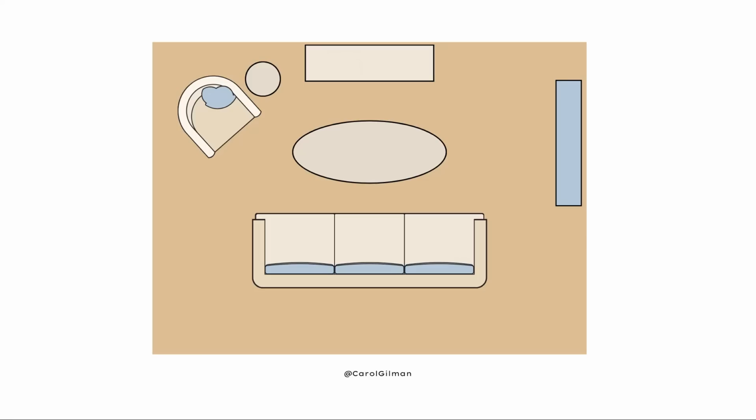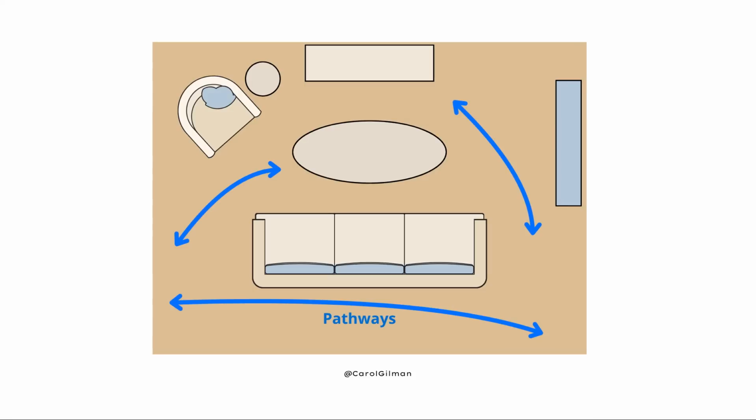There are two types that we want to always incorporate when planning the layout of a room. We want to plan where we are going to set aside open areas, negative space, for pathways so we can move easily and there's a nice flow from one area of the room to another area of the room or outside of the room.